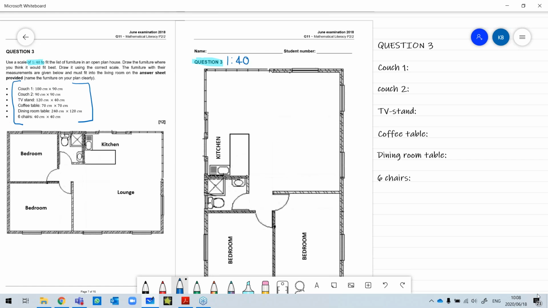So that means we now change all of the measurements of the furniture to a 1 to 40 scale, so that it fits on our paper. Then it is going to be exactly compared to the size of the actual house. Let's quickly have a look at couch 1, then you're going to understand. The couch in reality has a dimension of 180 centimeters by 90 centimeters.